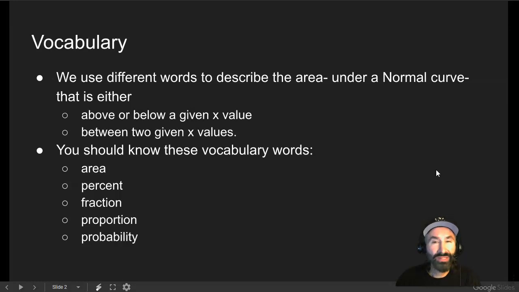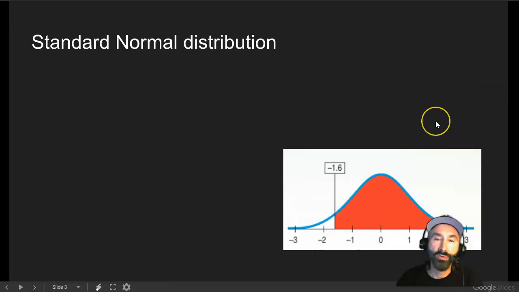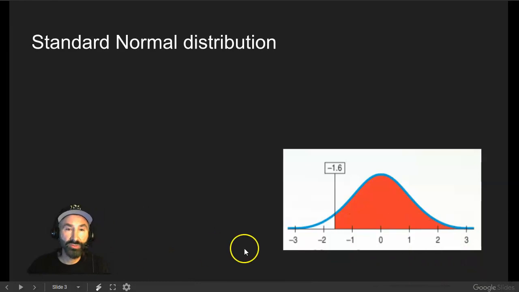And the word probability is kind of the one that we really care about because a lot of times we're using a normal curve to determine the probability of the likelihood of something happening or not happening. Okay, so I want to make sure that you guys know these words are synonymous when we're talking about normal curves.